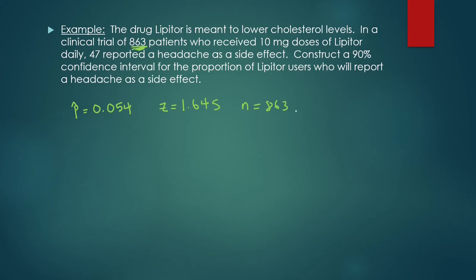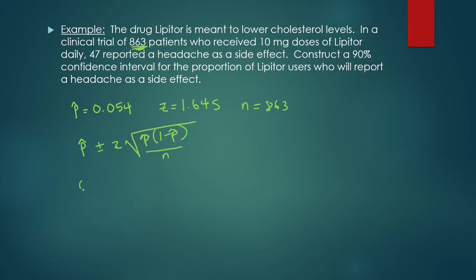And now we can plug everything into the formula to find our confidence interval. P hat plus or minus z times the square root of p hat times the quantity 1 minus p hat divided by n.